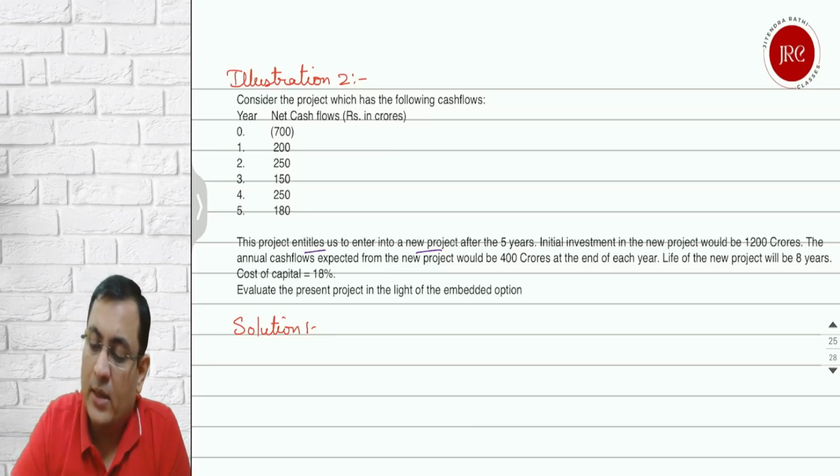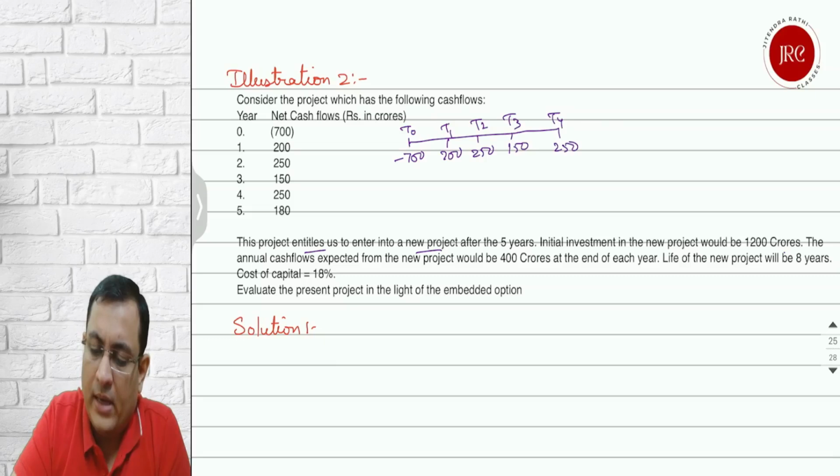Initial investment in the new project will be 1200 crore. So we have T0 negative 700 crore, which will generate 200, 250, 150, 250, and at T5 we will get 180.